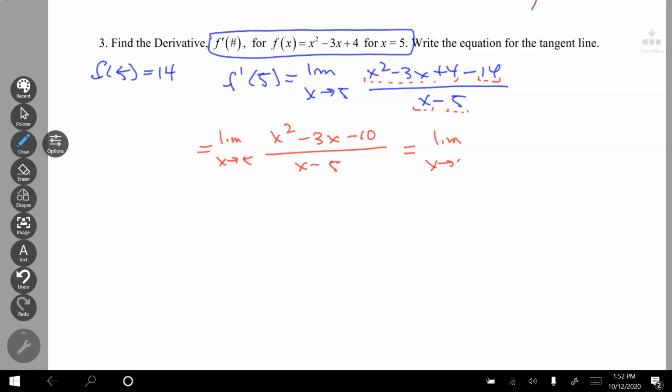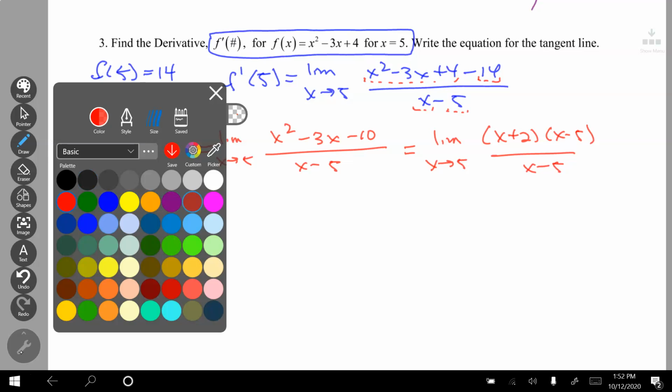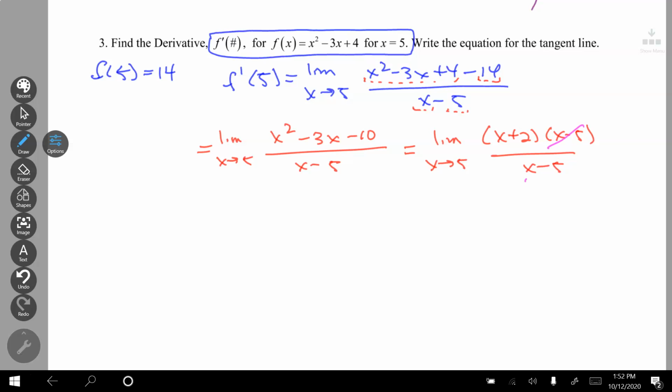The limit as x goes to 5 of x plus 2, x minus 5 over x minus 5. I get to cancel some things out, because when you do this correctly, you better get something to cancel out. So I have the limit as x goes to 5 of x plus 2. I plug that in there, I get 5 plus 2. So f prime of 5 is equal to 7.